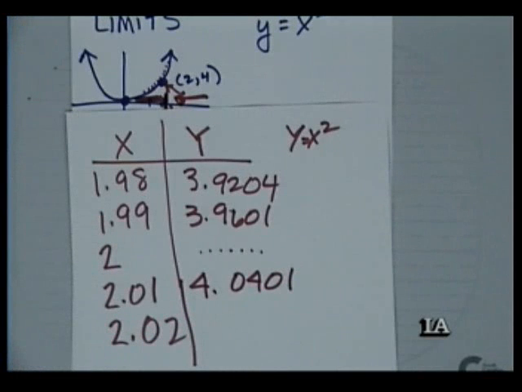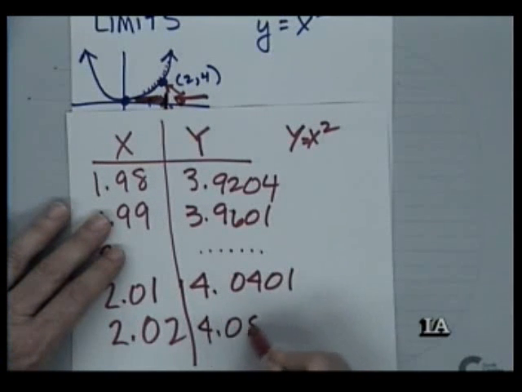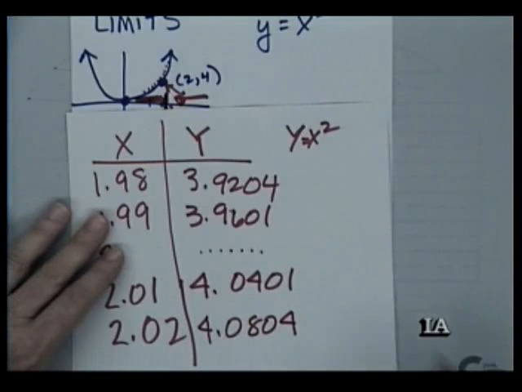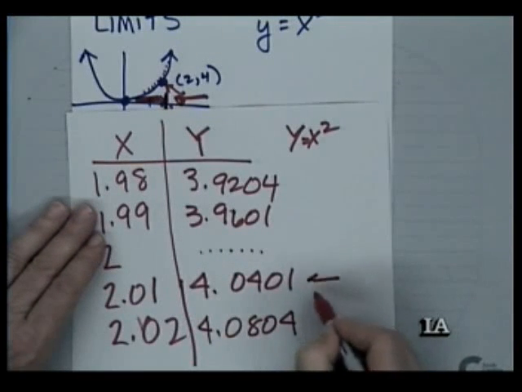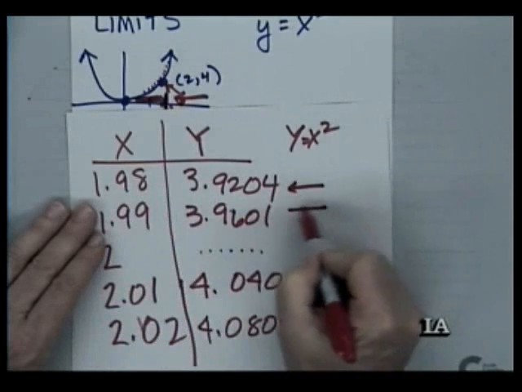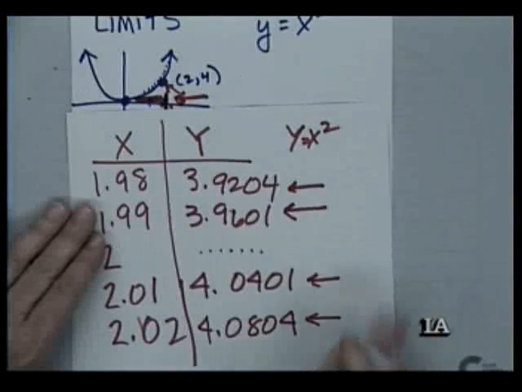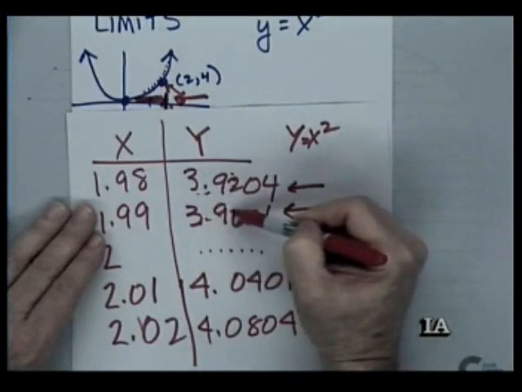And if I get 2.02 and square it, I get 4.0804. Now, notice as I'm above 2, I'm getting values a little bit above 4. And if I'm below 2, I'm getting values that are a little bit below 4, but they're getting closer and closer to 4, 3.92, 3.96.